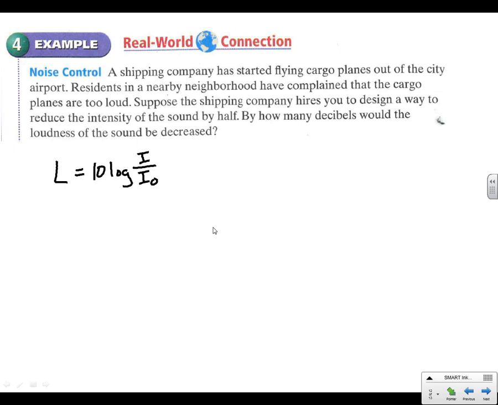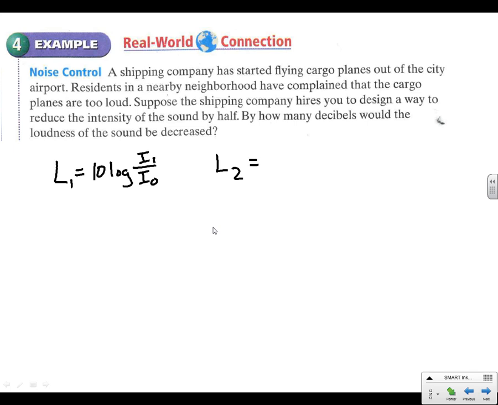All right, so here's how we're going to go about this. I'm going to use subscripts here to figure out which loudness we're talking about. At the beginning, I'm going to call the loudness L1 and the intensity of that sound I1. Then I want to end up with an intensity that's cut in half and figure out the loudness there.